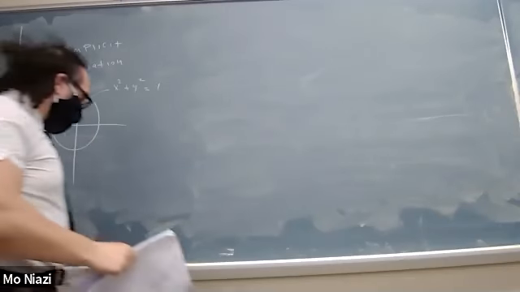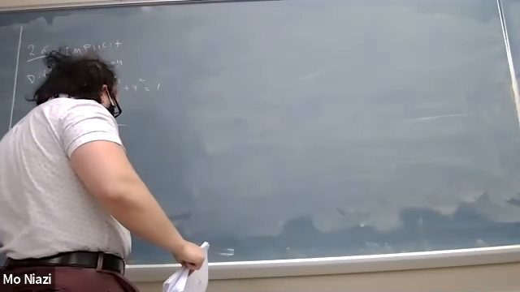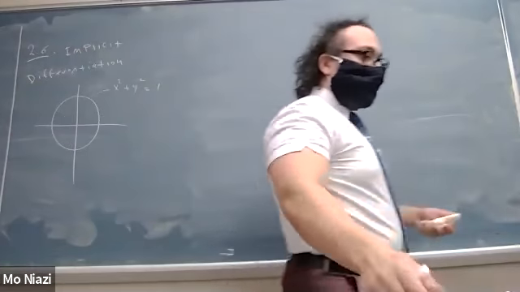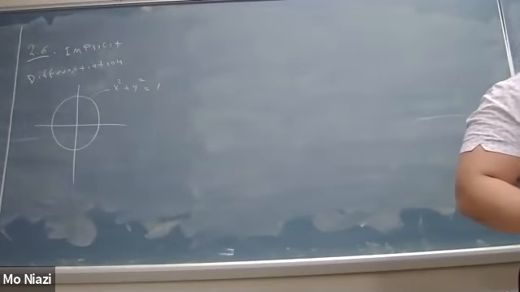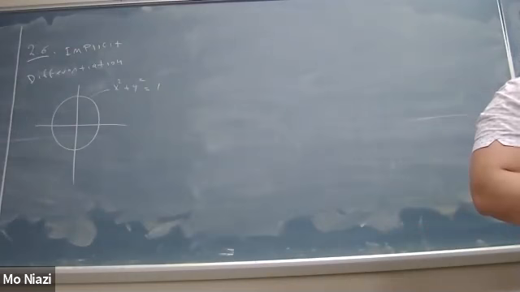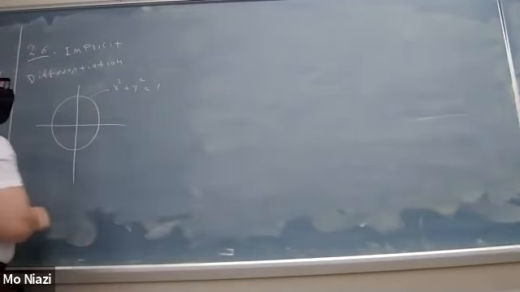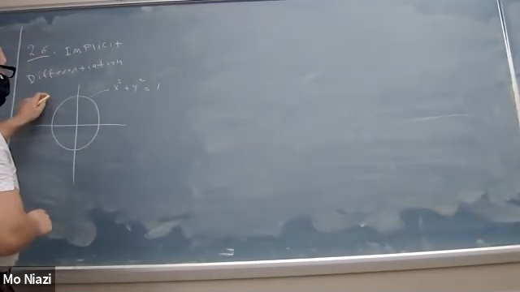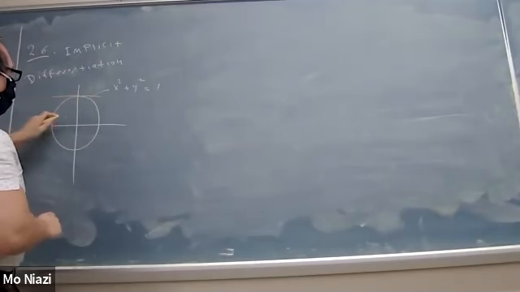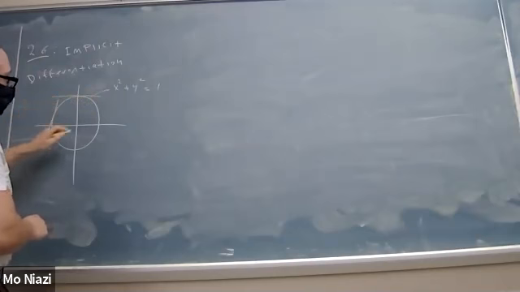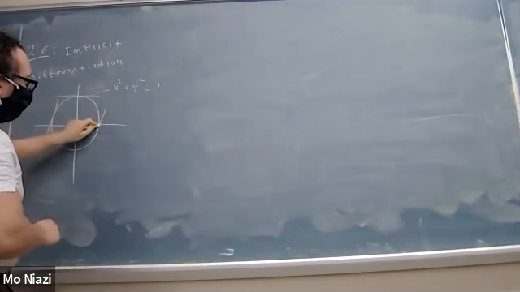Now, notice what happens when we try to look at a tangent line. We can look at a tangent line, so it does have tangent lines at various points, as you can see here. So there's no problem with that.